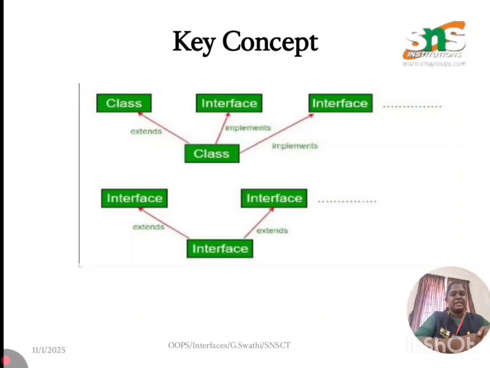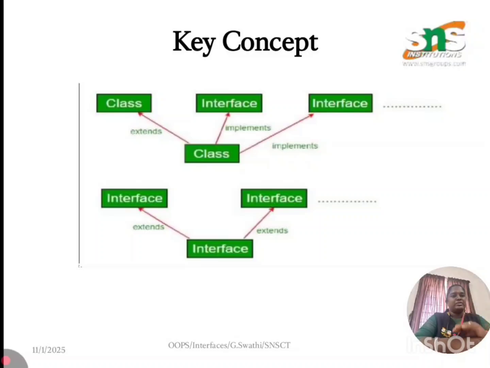It is a key concept: a class extends a class, but a class implements an interface, because we are not using multiple inheritance, so we are not using multiple classes in inheritance. One or two is okay, but n number of multiple inheritance means multi-level classes, which is not accepted for multiple inheritance in Java.